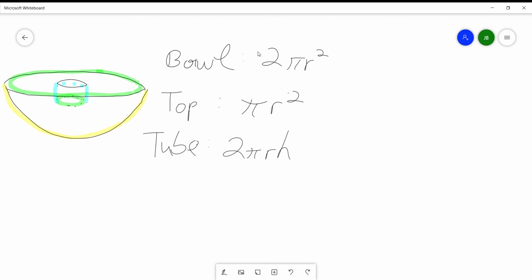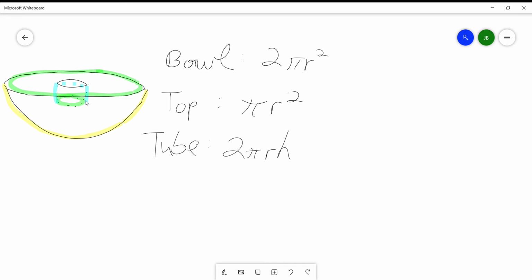So the bowl has this hole right here that is a 2-inch radius, and then this is a 5-inch radius. I did not draw it to scale, so from the edge of this inner circle to the outer edge of the top gives us a radius of 7.